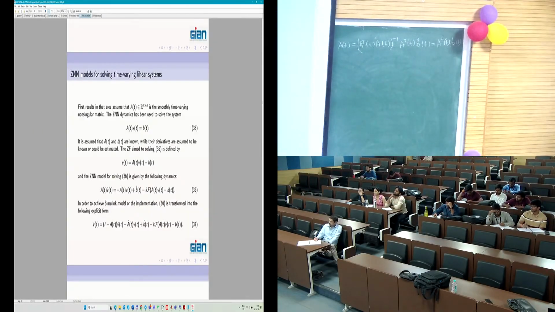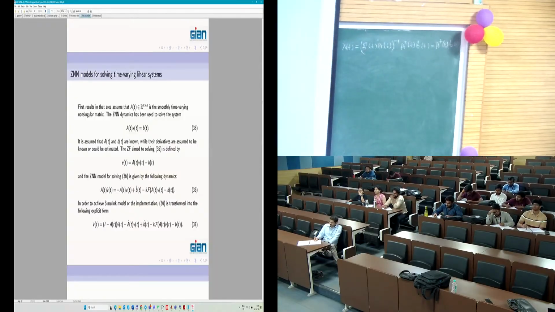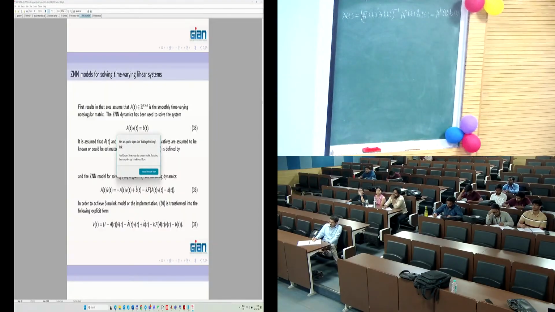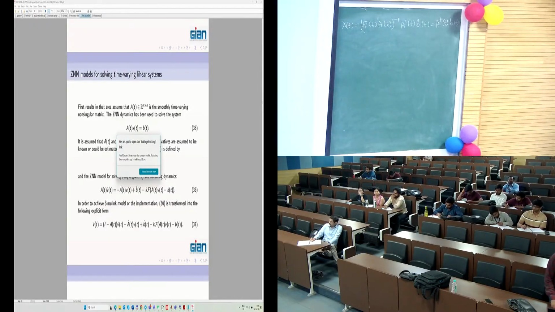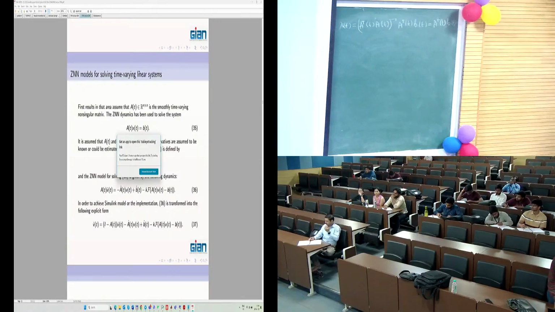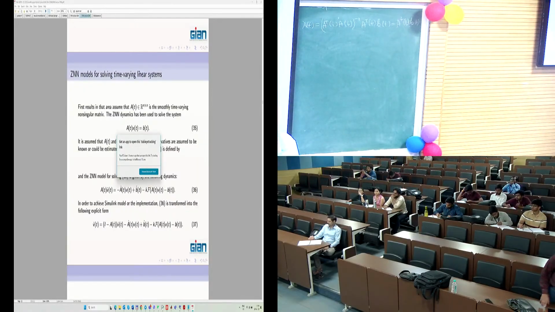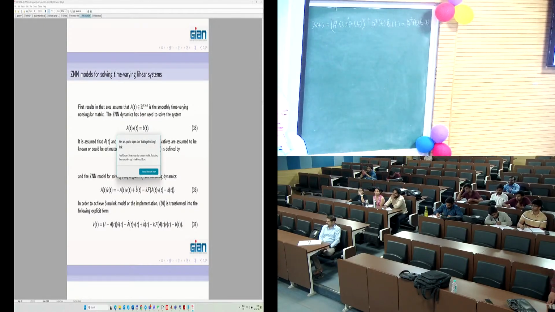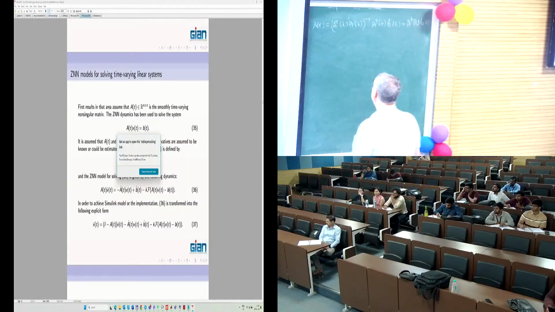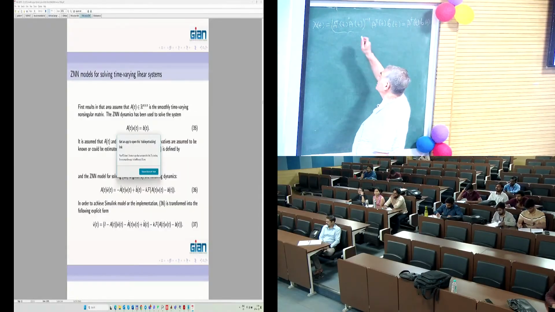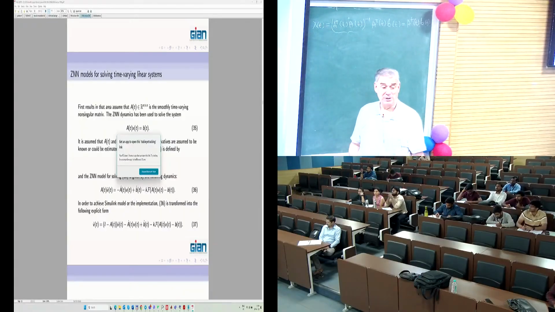ZNN in the normal equation case will be applicable if A transpose A is invertible. If not, if even A transpose A is not invertible, there is a very famous approach to solve this problem, which enables application even when A transpose A is singular.